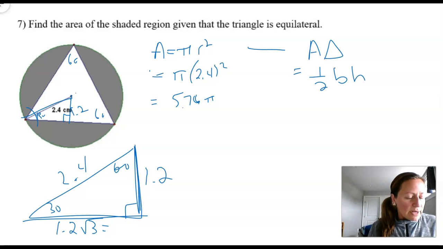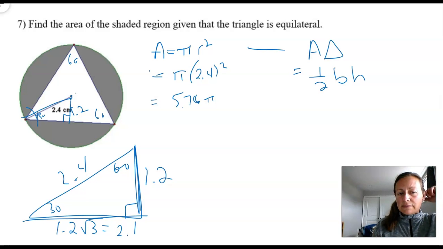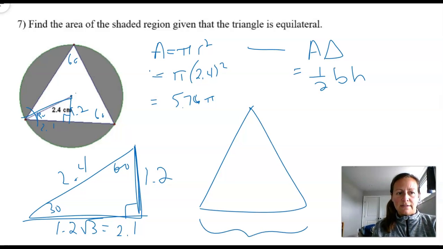So I got 2.078. I'm going to round it to 2.1. So that is the bottom of that little triangle, 2.1. Now, for the full triangle, we need the base, which looks to be twice what we just found. 2.1 times 2 is 4.2. Okay, so now we have the base of our white triangle.